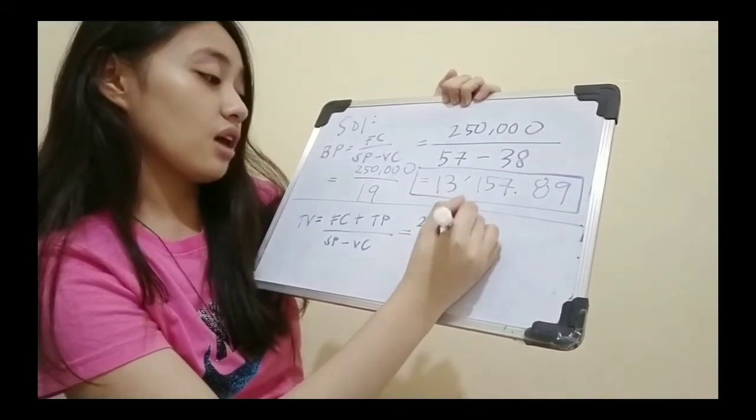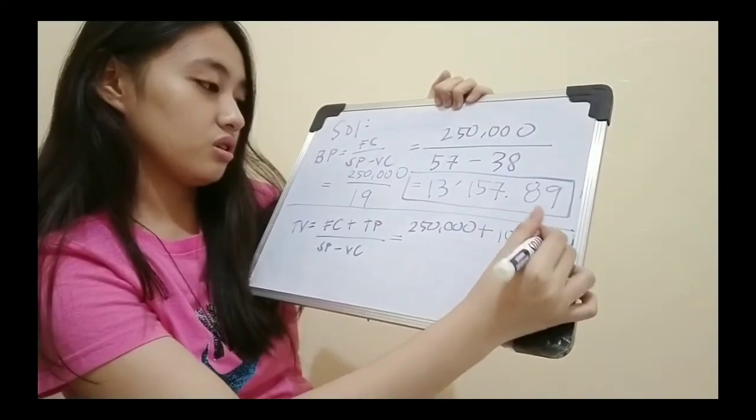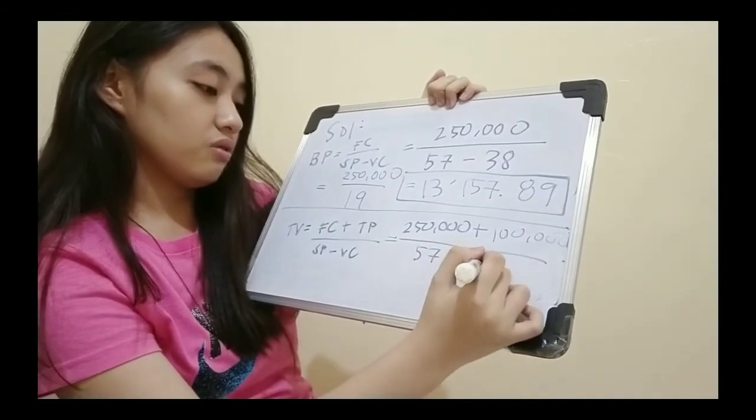And to solve for the target volume naman, substitute the fixed cost, which is 250,000, plus the target profit, which is 100,000, over again selling price minus variable cost.